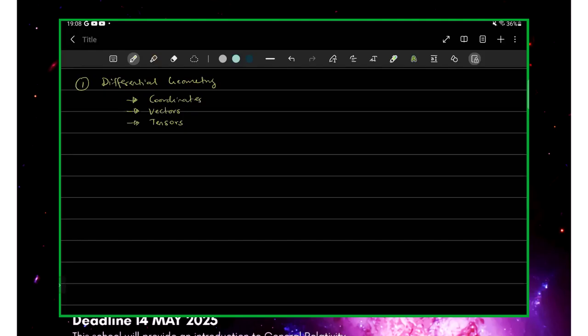So the mathematical tools here are obviously differential geometry, and we need to understand how we define these geometric objects like coordinates, vectors, and tensors on a general manifold that can perhaps give you definitions of curvature and so on. Okay, so this is what we have in mind today.